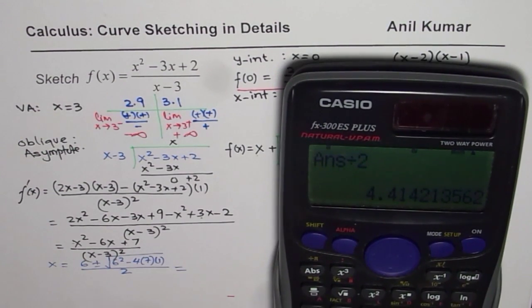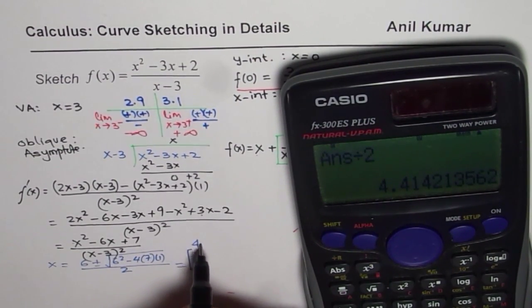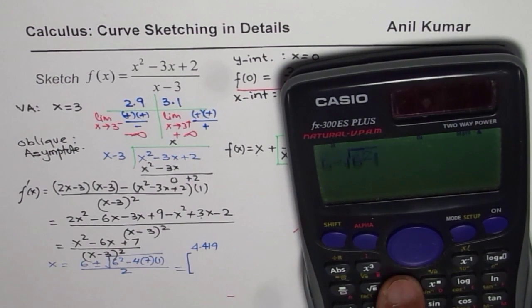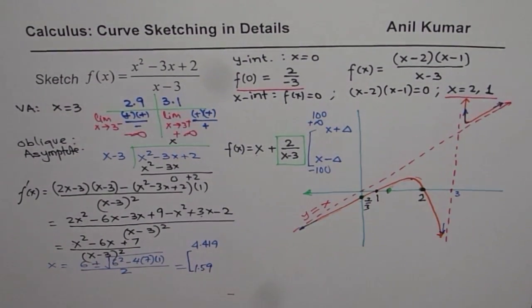So one value which we have found is 4.414, right? The other one is 6 minus square root of 6 square minus 4 times 7, divided by 2. And that gives us, in decimals, 1.585. So let's say 1.59.